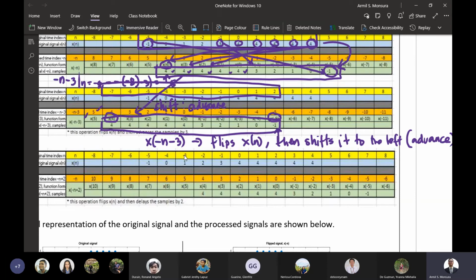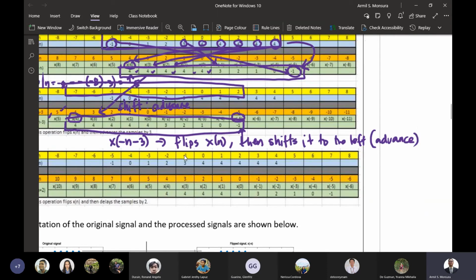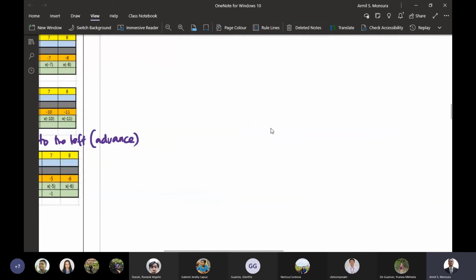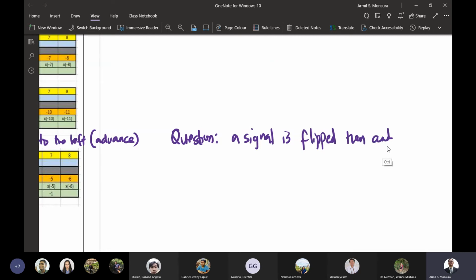Pero pag-isipan niyo yun pag sinabi ko bang question to ha. Pag sinabi kong a signal is flip then advance. Okay. Is it equivalent?